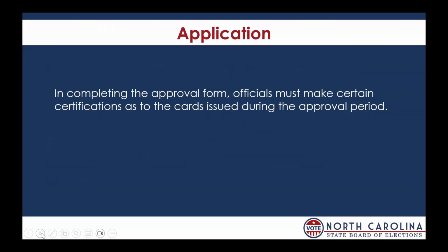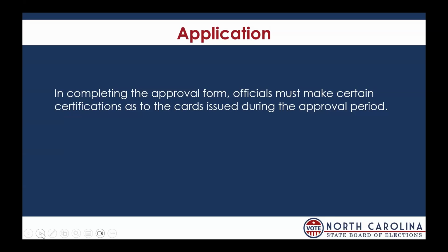It is important to remember, especially for new applications, that in completing the approval form, officials must make certain certifications as to the cards issued during the approval period. These same certifications are unchanged because the law has not had any changes. But even for those of you who may be looking at the no change process, it's probably a good mental exercise just to go through and read through this list again.